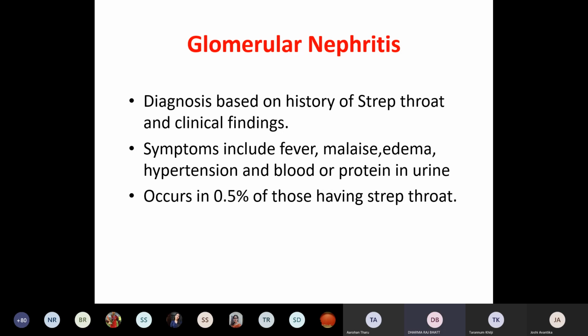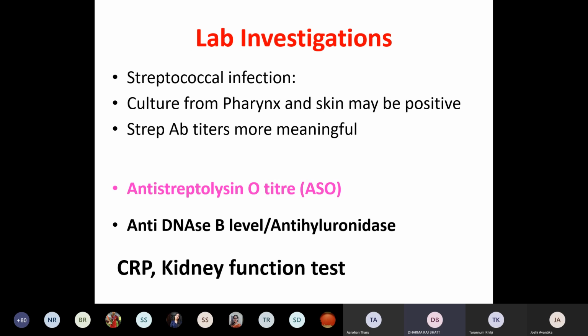This glomerulonephritis occurs in only around 0.5% of patients having primary infection in the form of sore throat. So if sore throat occurs among 200 patients, one patient is likely to develop glomerulonephritis. It is not very common, but if it occurs, it results in a serious complication in the form of post-streptococcal glomerulonephritis.